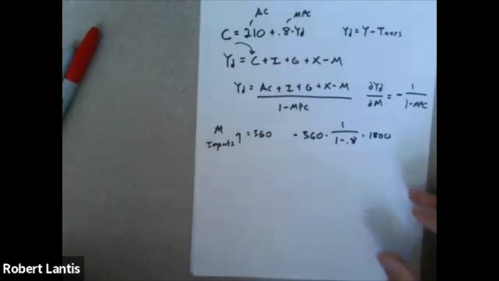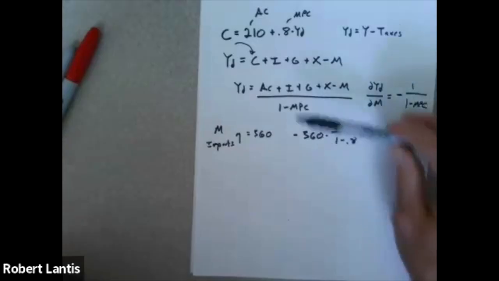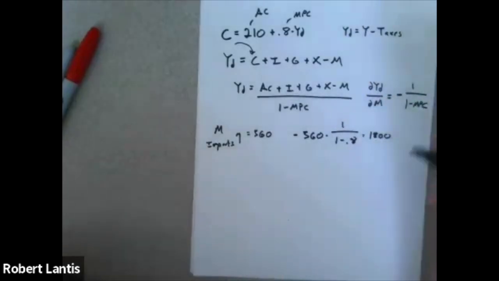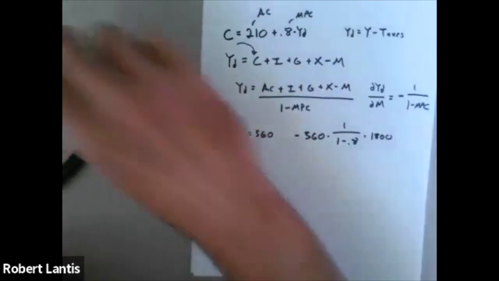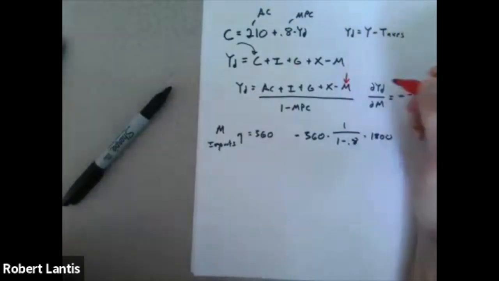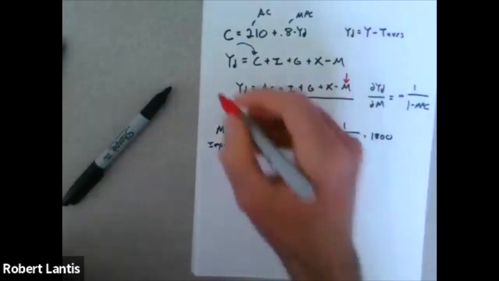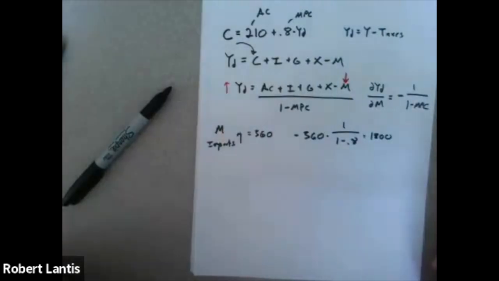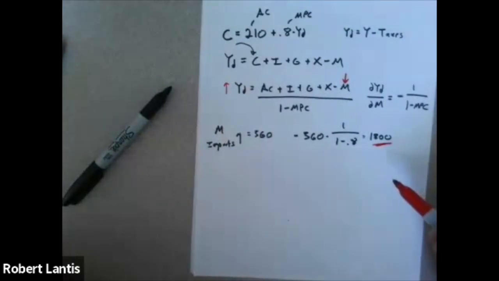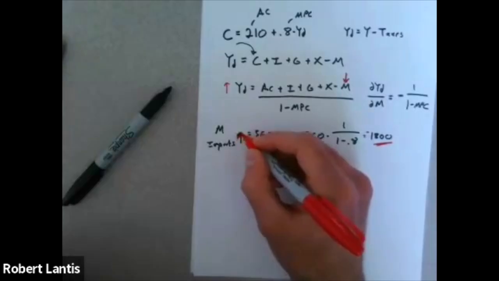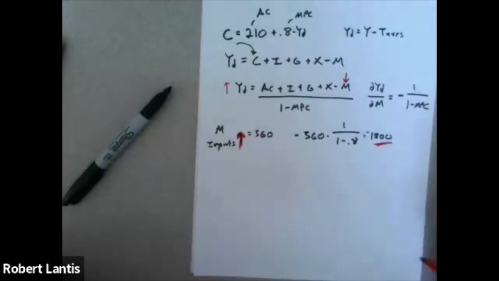So when imports go down, I'm subtracting a smaller number, so that break-even level should be higher than it was before. Oh yeah, sorry, because I said imports were going down, but they were actually going up in this question, by 360.